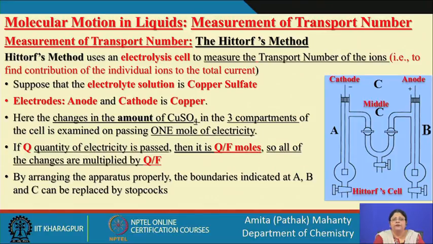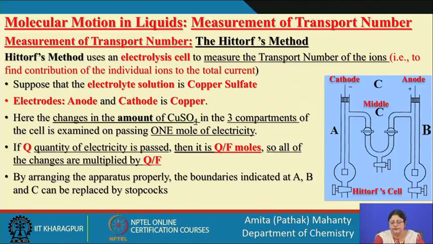Unlike that, what we have in this Hittorf's method is an electrolysis cell. This is the electrolysis cell we have, and we measure the contribution of the current carried by each of the cation and anion in the system out of the total current passed through the Hittorf's cell. Okay. What do you have? We have an electrolyte system.